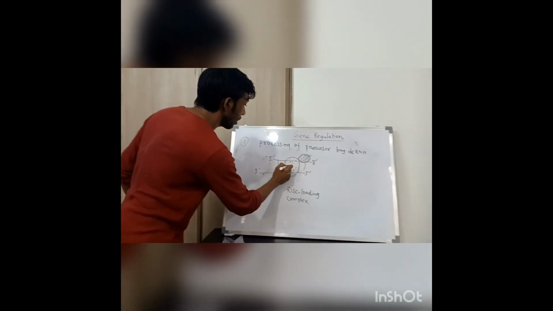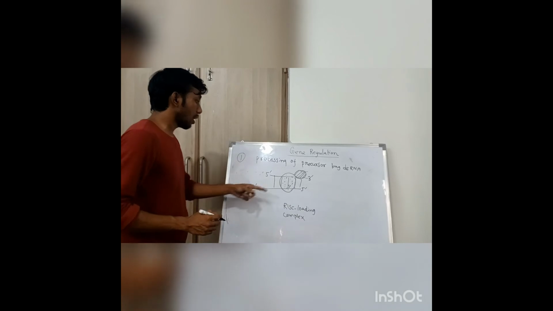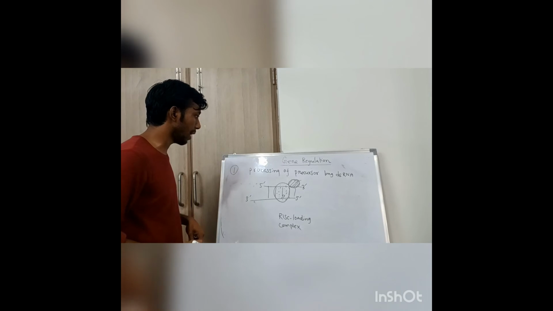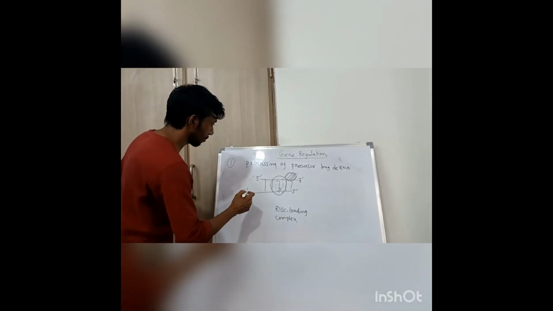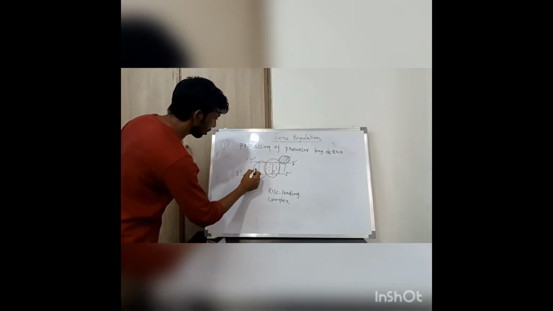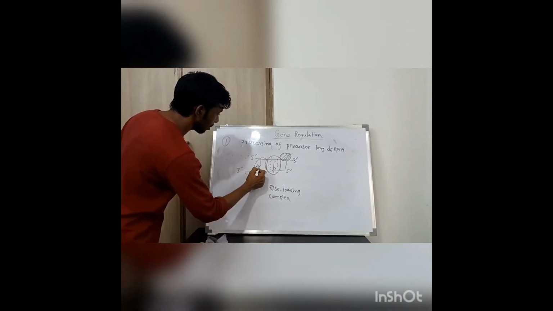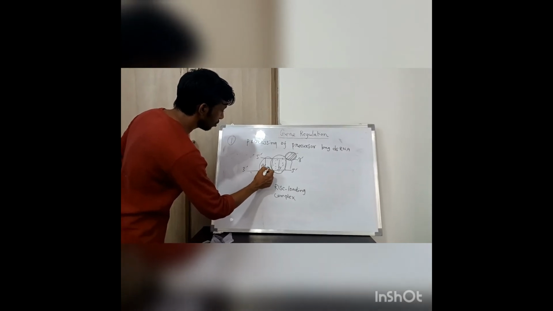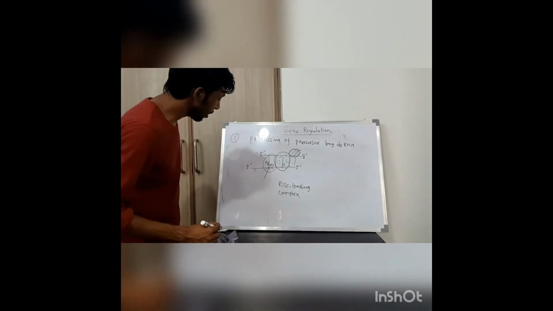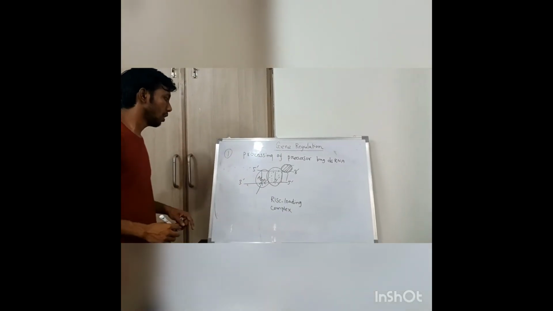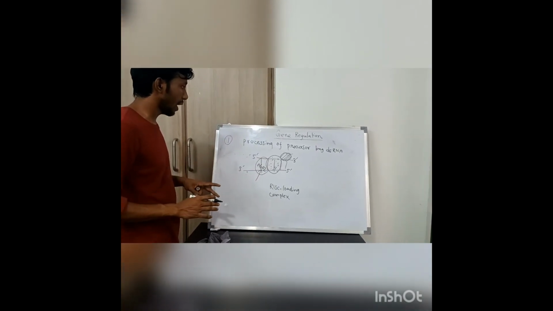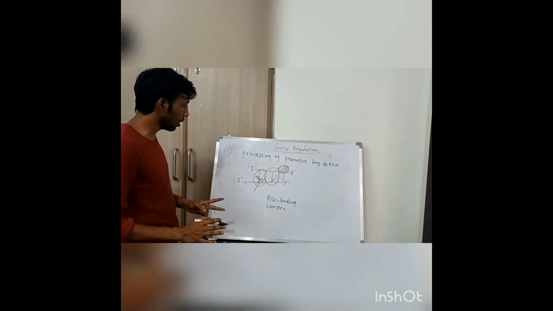This is the Dicer, and now here Argonaute protein will bind. Here Argonaute protein, AGO2. This Argonaute protein is also an endonuclease that will cleave the passenger strand, and then we will be left with only the guide strand.